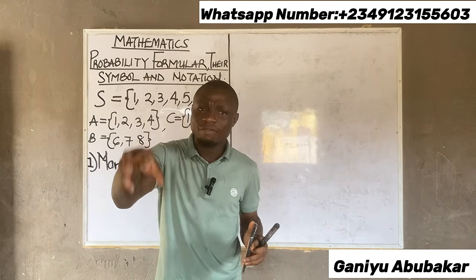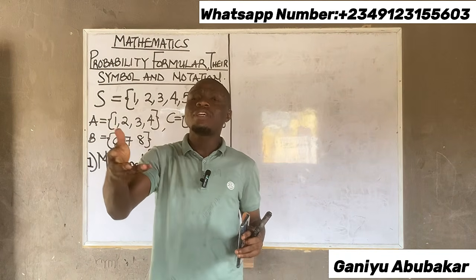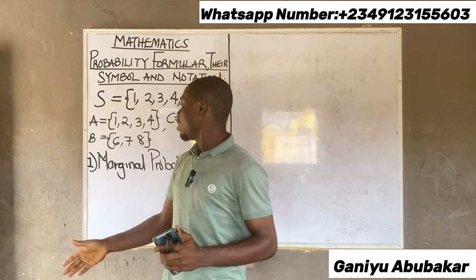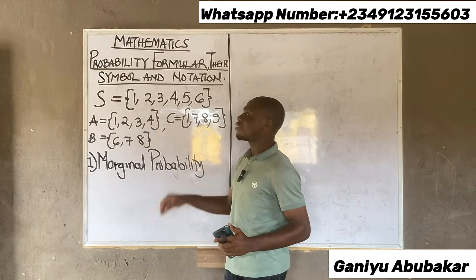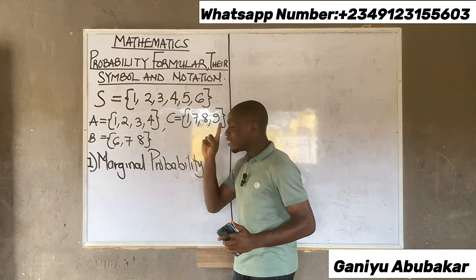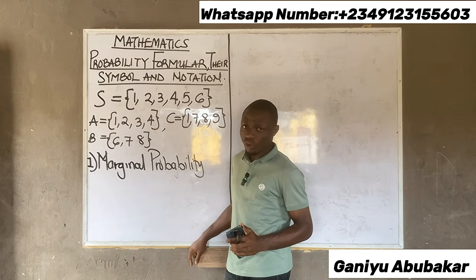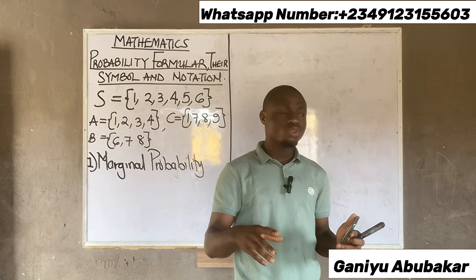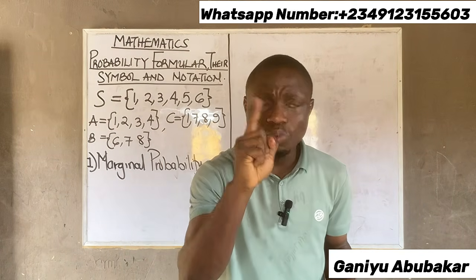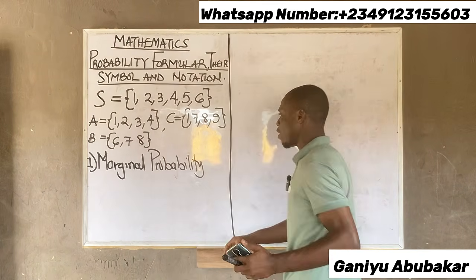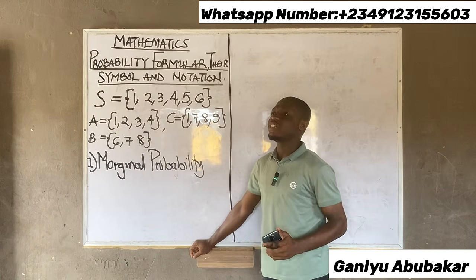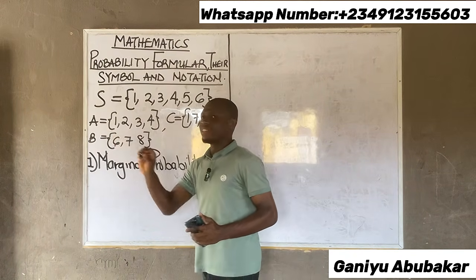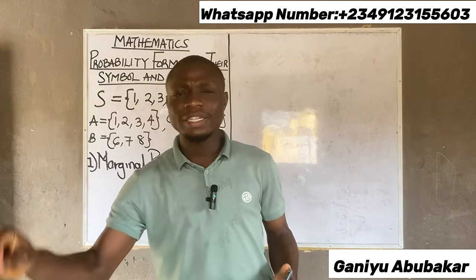The probability for an individual event is said to be a marginal probability. It has to do with the probability of a single event occurring, regardless of any other event. So you are focusing your mind on just one event. For instance, if I say find the probability of event A, that is called marginal probability.